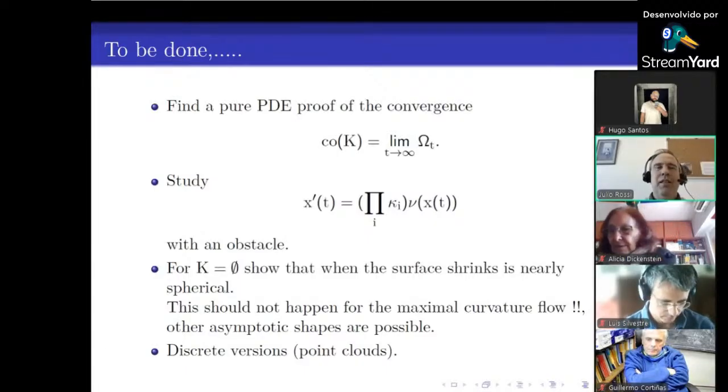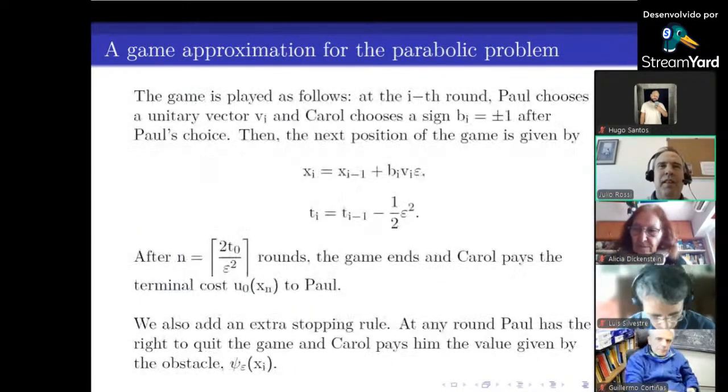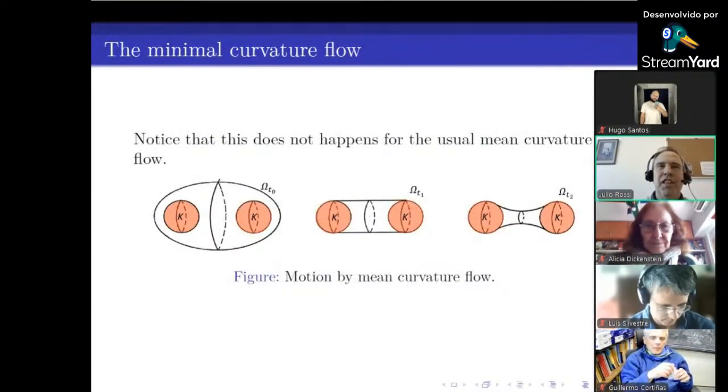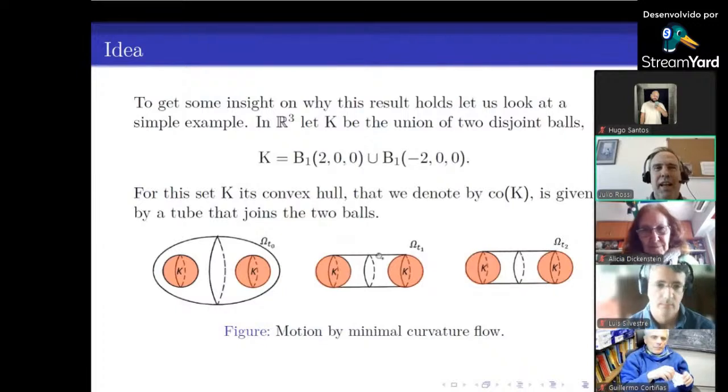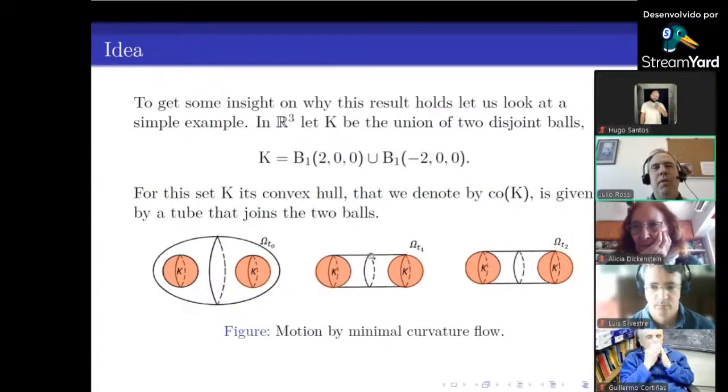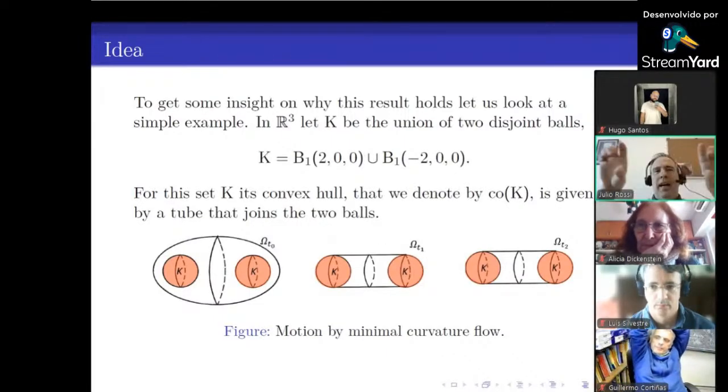If you do that, I believe that you will obtain the same thing, because if you remember the picture, at points like this in the tube, one of the principal curvatures is equal to 0, while the other curvature is positive, so the product of the two is also 0. So your movement will also stop when you touch this cylinder.